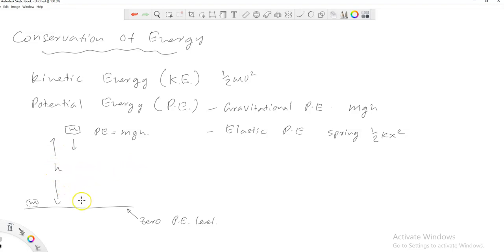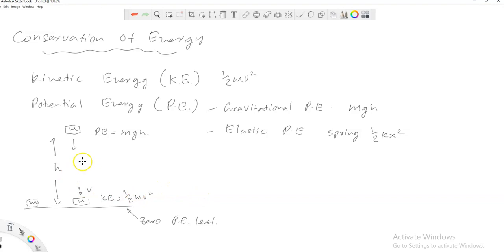So by the time it reaches the ground, all that potential energy has become kinetic energy. So now the object, if it is moving at a velocity v, has kinetic energy at this point, which is equal to half mv squared.